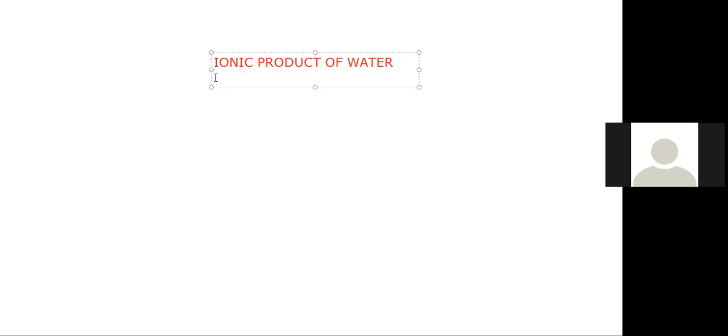A given solution has a pOH of 4.5. Calculate the pH of the solution.